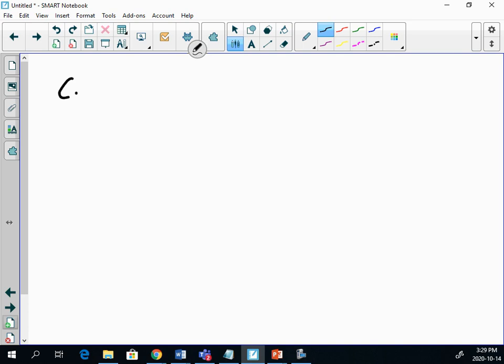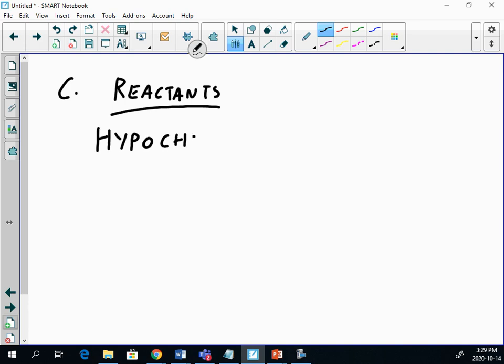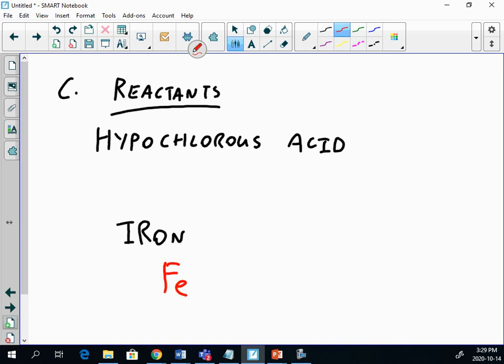Okay, so I have, in this case, my reactants as hypochlorous acid and iron. Well, iron's super easy. I'm talking about elemental iron here, iron metal. So it's just Fe.